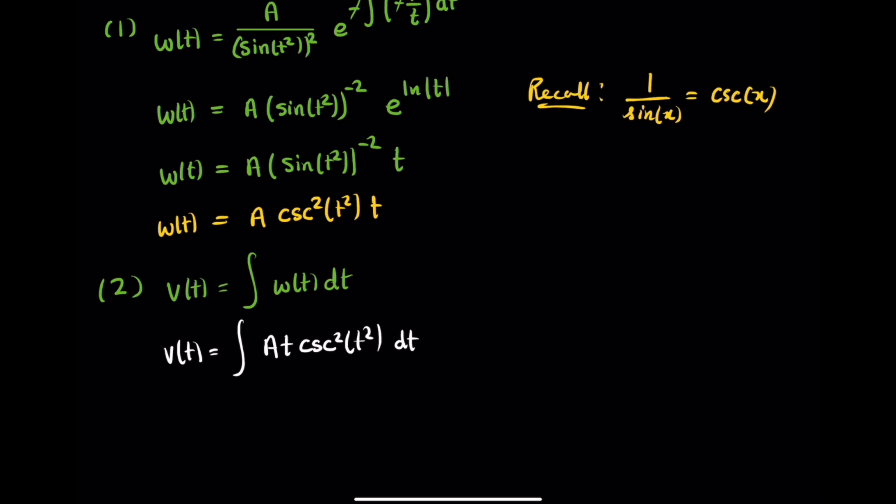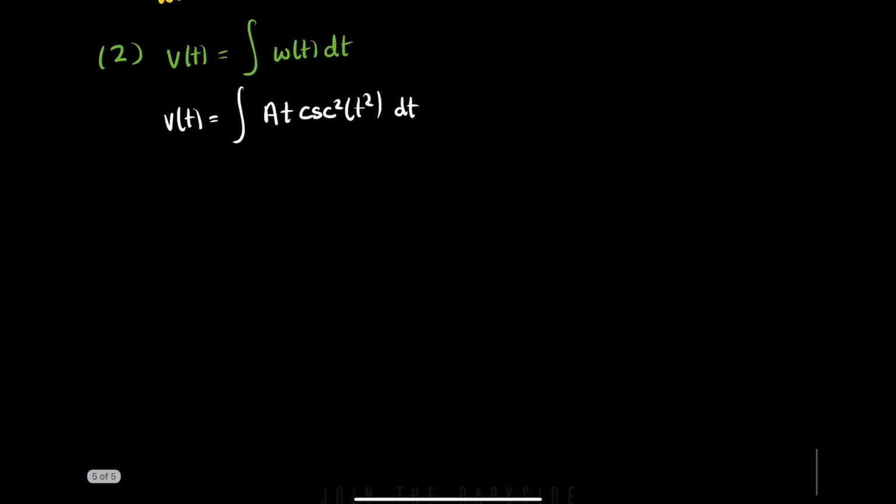And now this looks kind of dangerous, because you have to take the integral of a cosecant squared, but it's not too bad. So first thing I'm going to do is bring this a to the outside.